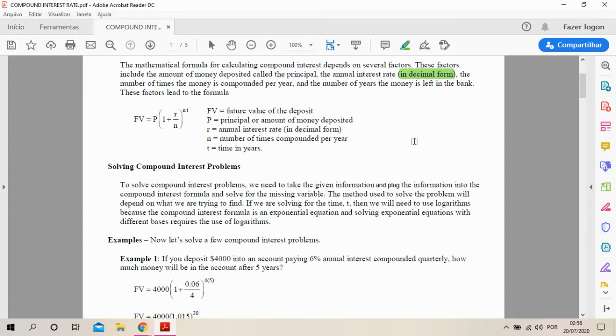And the number of times compounded per year here will be 4, because the interest is compounded quarterly, 4 times in a year. And this 5 is the time in years. For us here, it is 5 years.